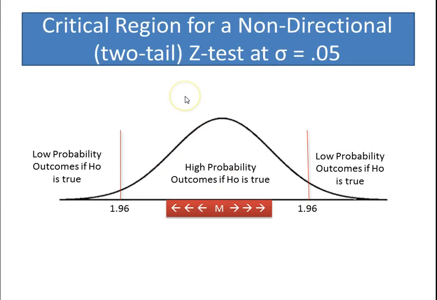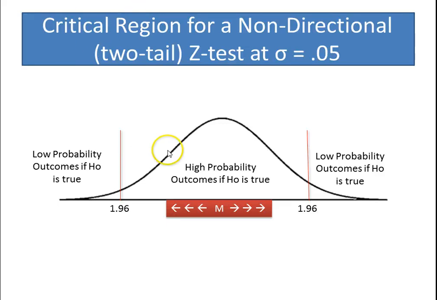So at the end of all that, step 2 again is setting a critical region, and we're going to set a critical region for a non-directional test, a two-tail test, because remember, our hypothesis is that touch will have an effect on weight. There's no direction in the research scenario that we started with.